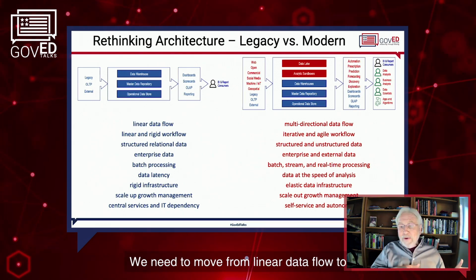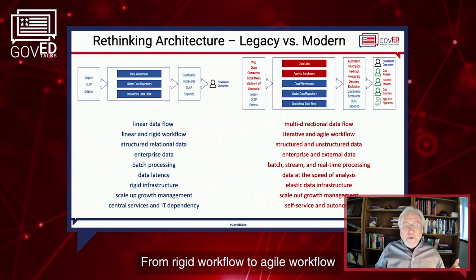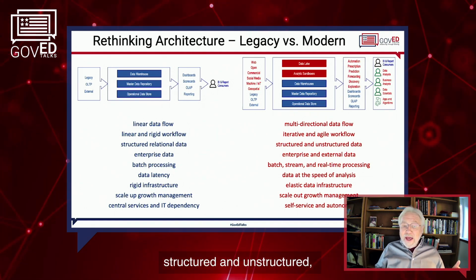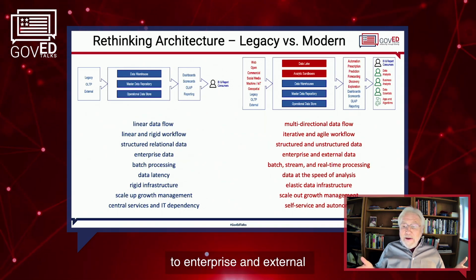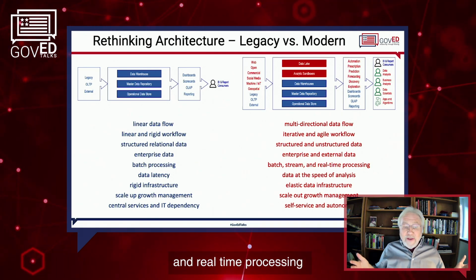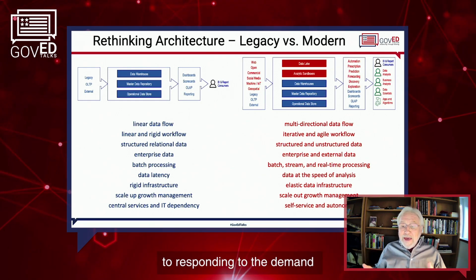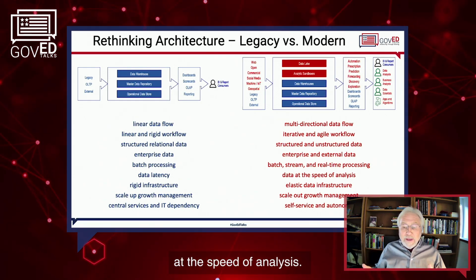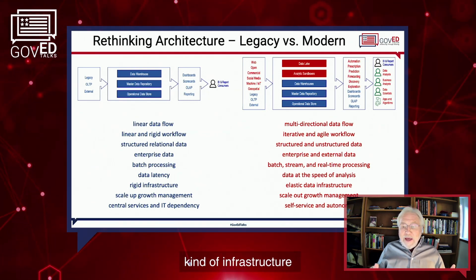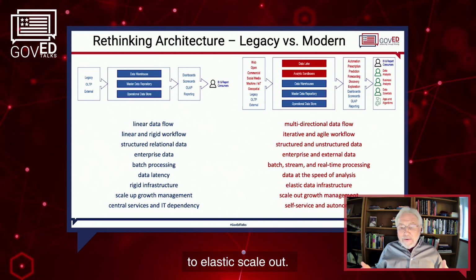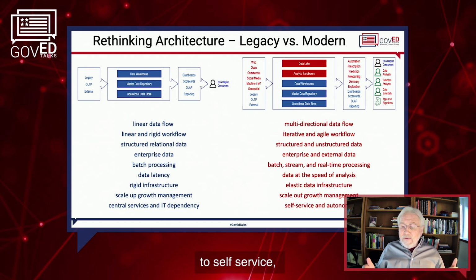We need to move from linear data flow to multi-directional, from rigid workflow to agile workflow, from structured data to structured and unstructured, from enterprise data to enterprise and external, from batch to batch, stream and real-time processing, from accepting data latency as the norm to responding to the demand for fast data, data at the speed of analysis, from rigid scale-up kind of infrastructure to elastic scale-out, and from central services and IT dependency to self-service autonomy.